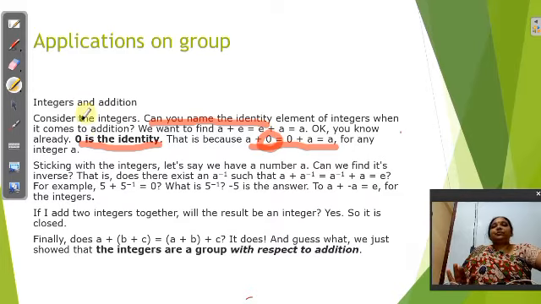So in the integer set, what is the identity element? 0 is the identity element, as we know the property A plus E is equal to E plus A is equal to A. If we substitute E is equal to 0, as it's satisfying, we can say 0 is the identity element in the integer set.